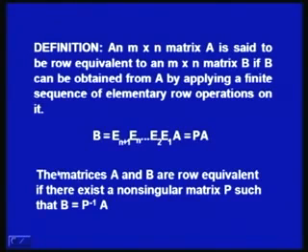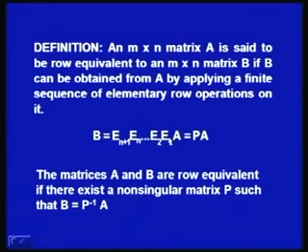Or we say the matrices A and B are row equivalent if there exists a non-singular matrix P such that B is equal to P inverse A. Since all of E1, E2, En are identity matrices on which we have applied row operations, all these are non-singular.